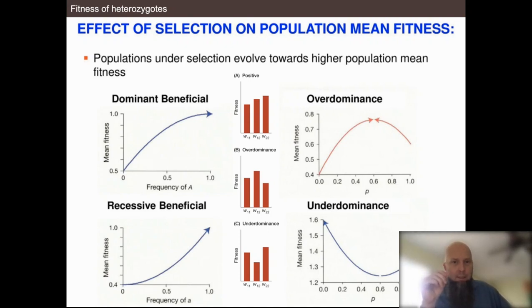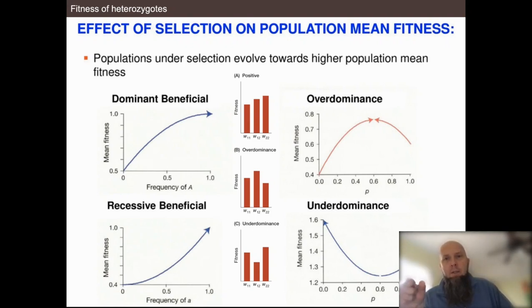And what that means is, depending on how selection acts on the different genotypes and the different alleles, whether that beneficial allele is dominant or recessive, you can see that the frequency of those alleles and the fitness of the population changes differently depending on whether it's dominant or recessive.